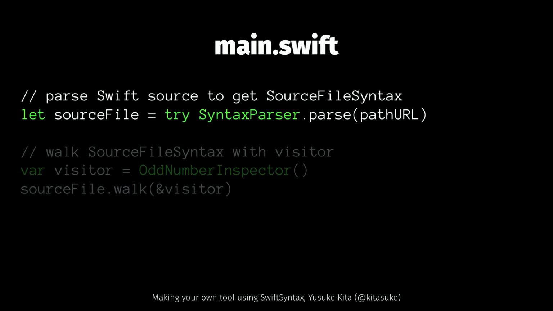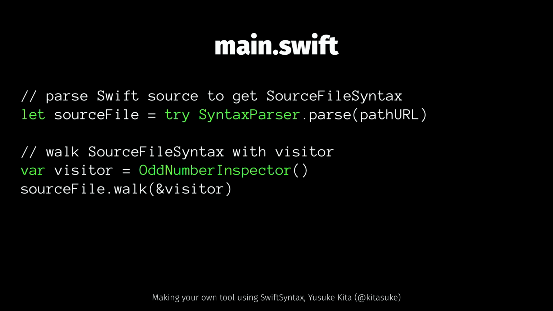And finally, since this is going to be a command line tool, you have a main.swift file. We have to parse the Swift source code into a syntax tree first, which is a source file syntax, and then we have to walk it with the visitor we defined. Basically, that's it.